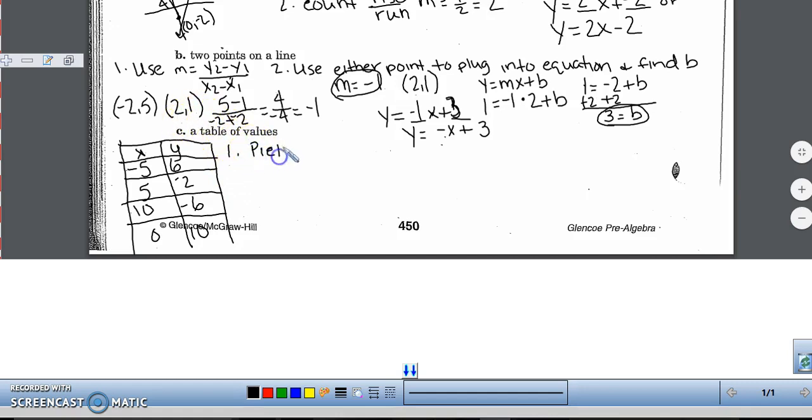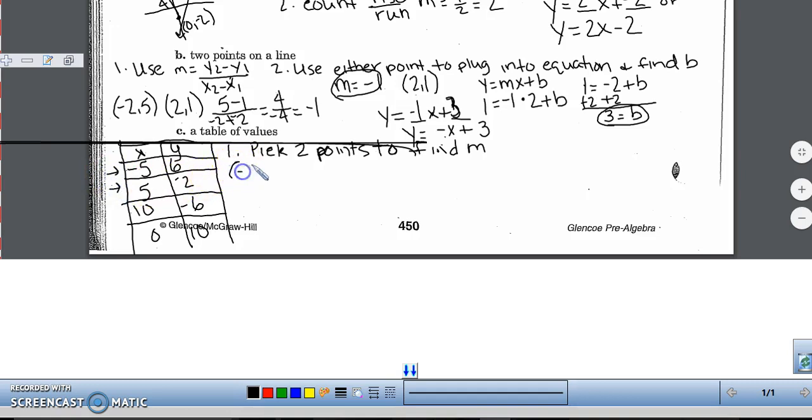Okay? So step 1, it's going to be similar to what you're doing over here. You're going to pick 2 points to find m. Okay? So I'm going to pick this one and this one.